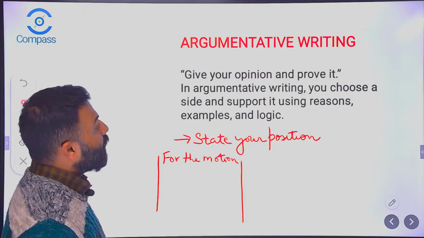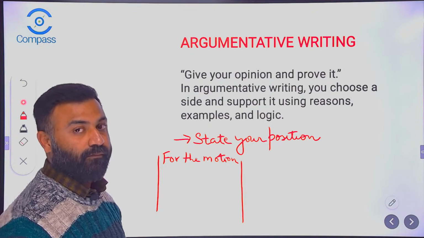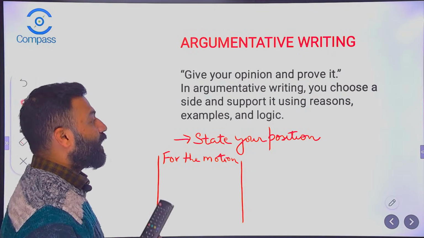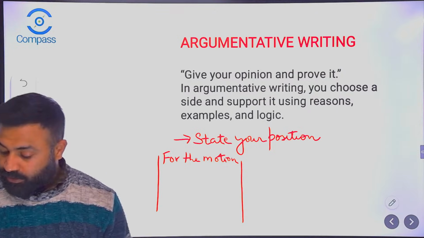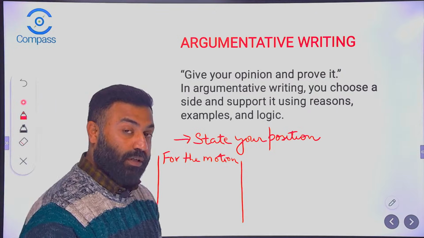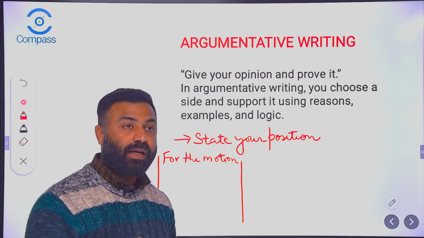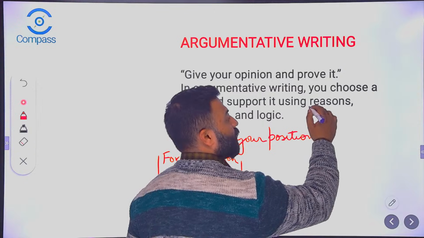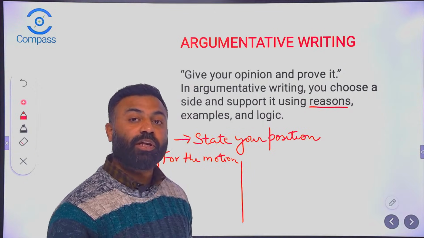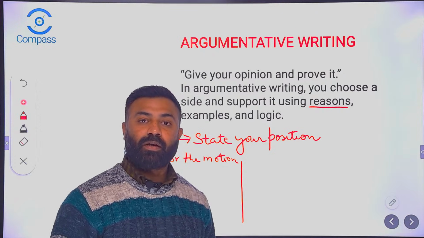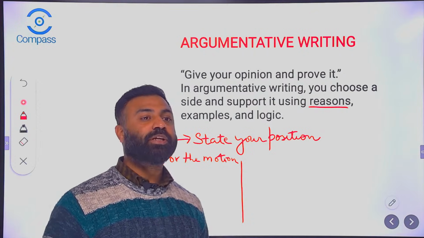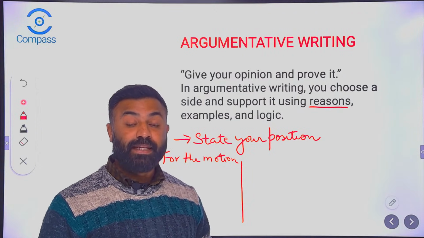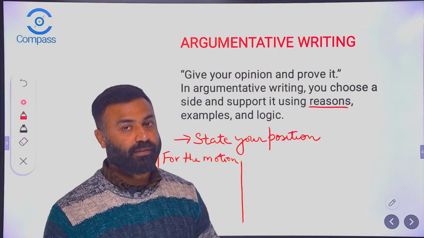Okay, so let's just see. Give your opinion and prove it. In argumentative writing, you choose a side and support it using reasons, examples, and logic. You cannot just write down the argumentative essay without reasons. There has to be some solid reasons. You cannot be just passionate about it, that what you are speaking is correct, but you don't have any proof to prove it.